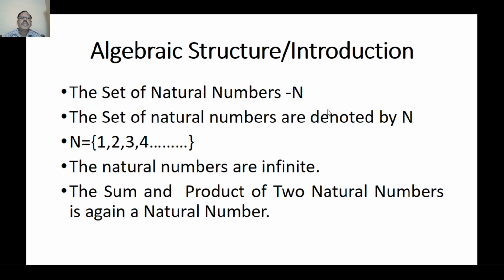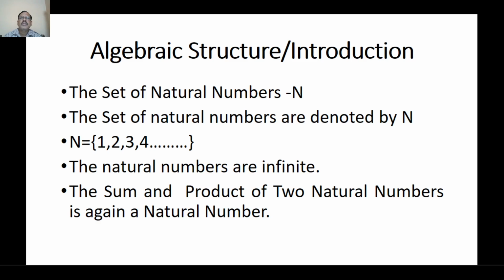Coming to the first set, the set of natural numbers is denoted by the capital letter N, and it consists of the numbers 1, 2, 3, 4 and so on. These are infinite in number. One can observe that the sum of two natural numbers is also a natural number, and the product of two natural numbers is also a natural number.